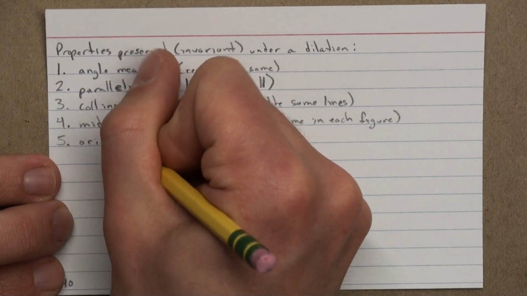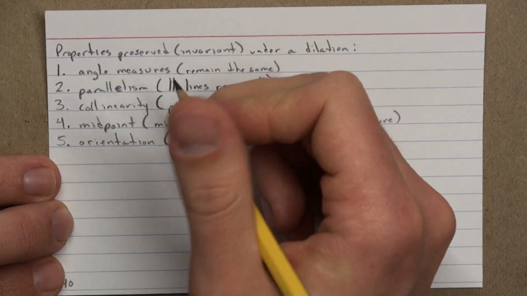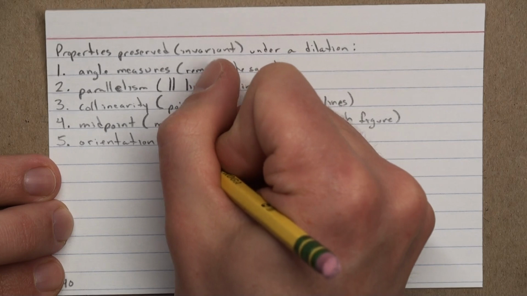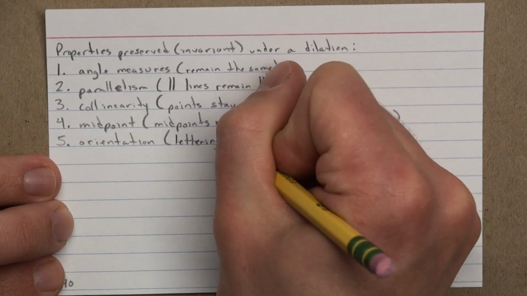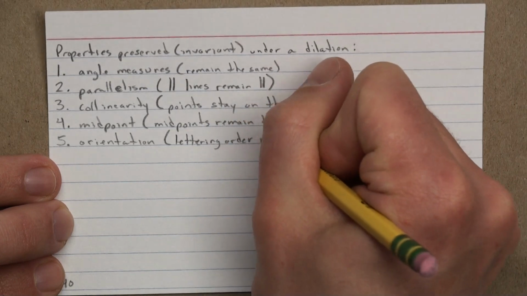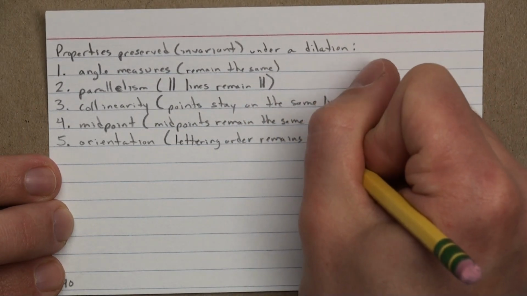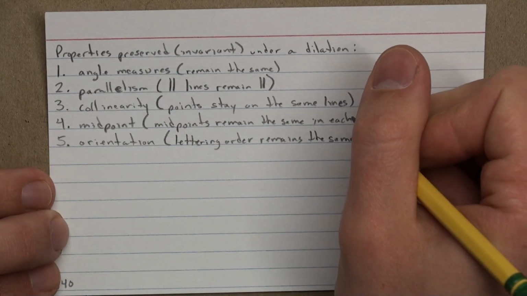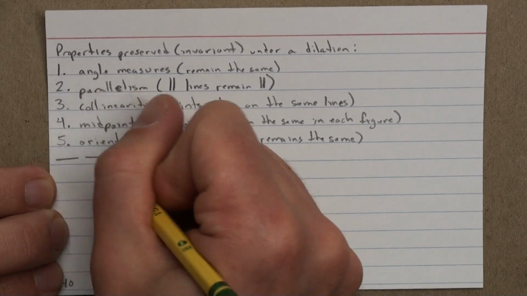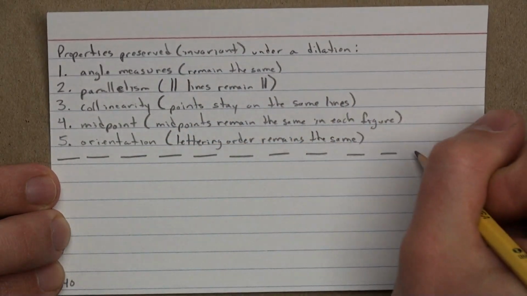Orientation: lettering order remains the same. So those are the things that remain the same.